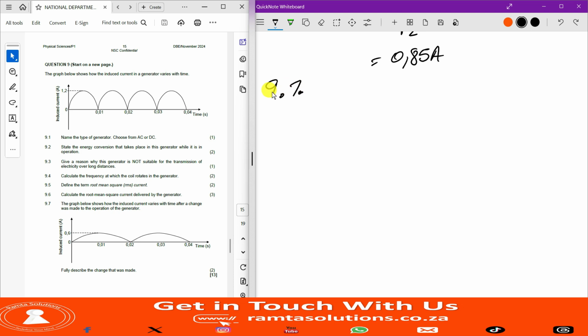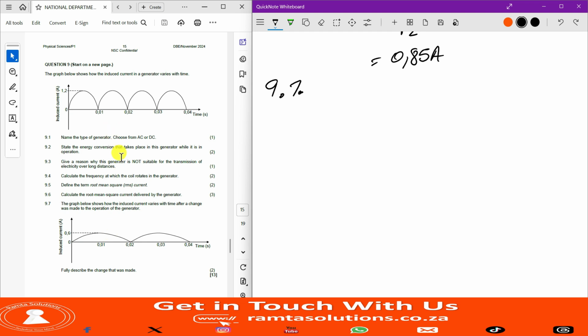9.7. The graph below shows how the induced current varies with time after a change was made to the operation of the generator. Fully describe the change that was made. What you are seeing here is, for example, that the frequency was halved.